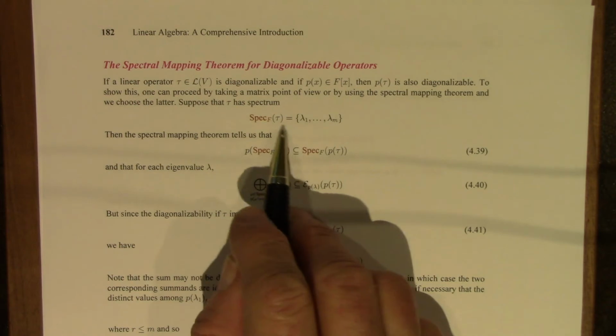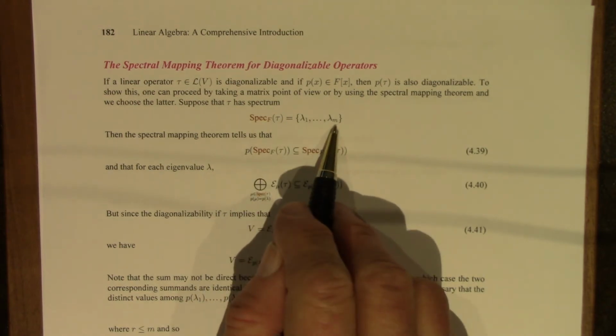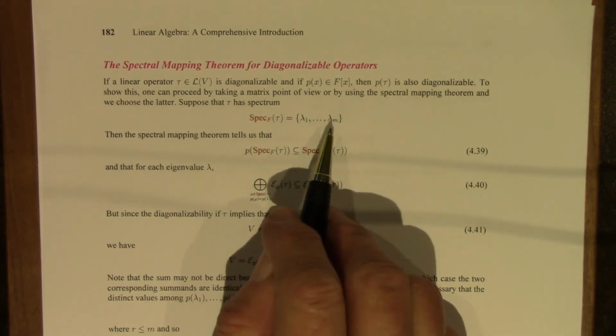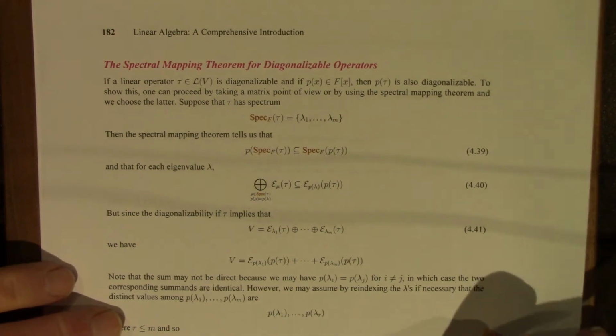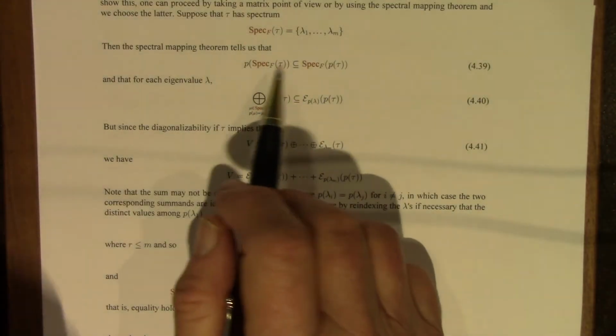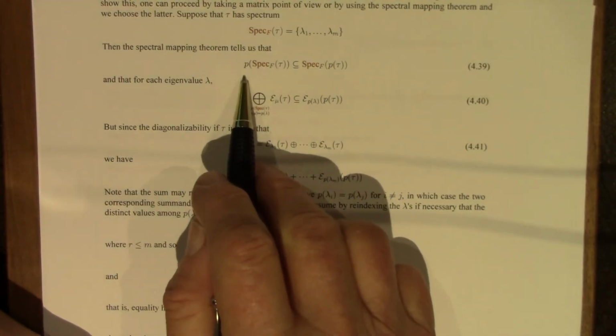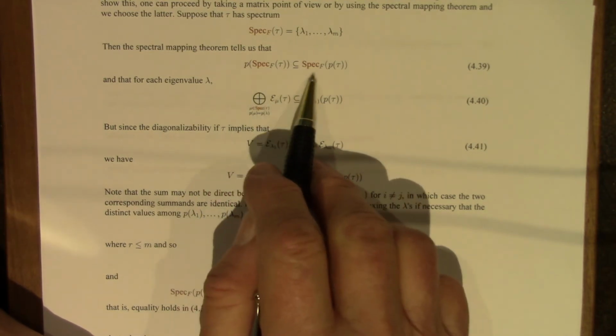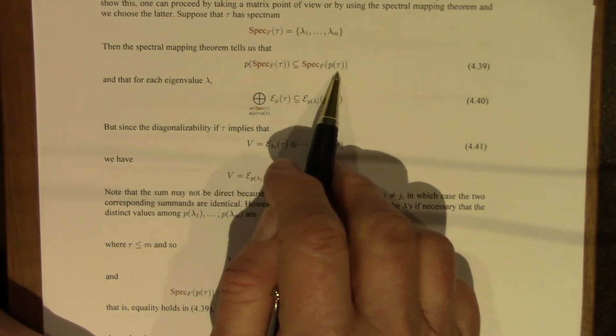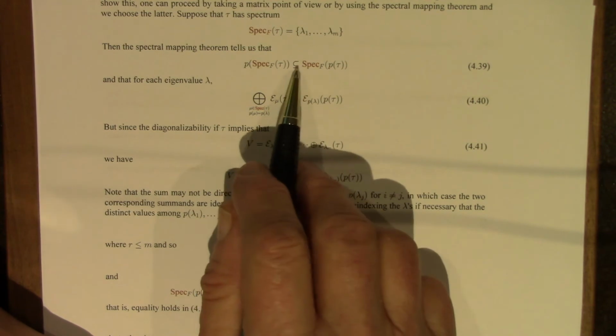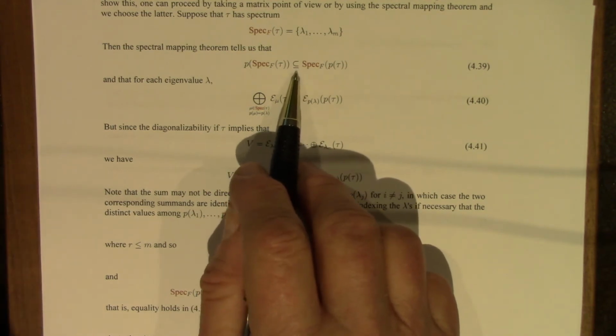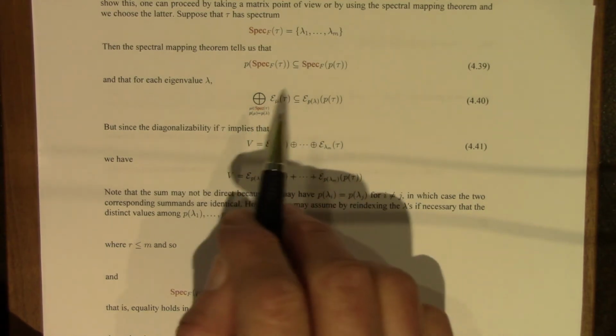Suppose that tau has spectrum lambda 1 through lambda m. Then the spectral mapping theorem tells us that p of the spectrum of tau is contained in the spectrum of p of tau. Recall that this is an equality when the base field is algebraically closed, but we're not assuming that now.